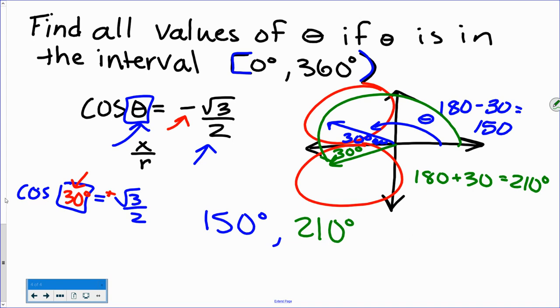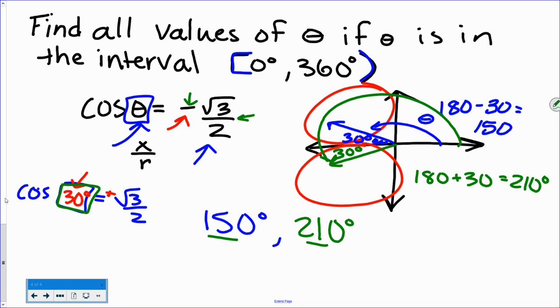So we are working backwards. The last problem, I gave you the angles so we could use the reference angles to find the ratio. Now you're given the ratio, so you figure out what the reference angle would be, pay attention to whether they gave you a ratio that was positive or negative, and then find the two quadrants where that would make sense.